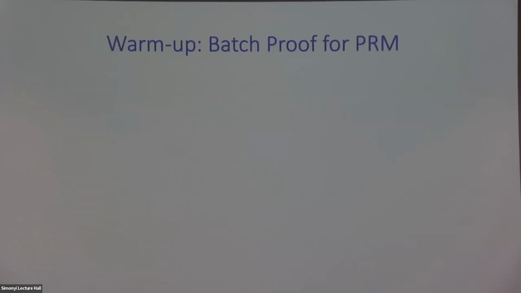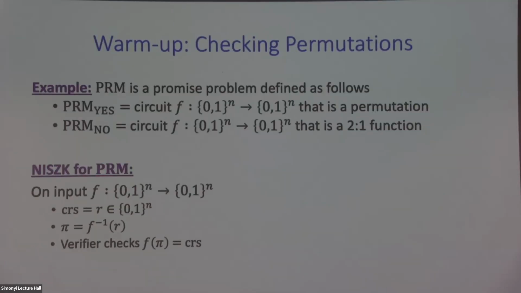Why is this a good proof? Well, if F was indeed a permutation, then you can implement the strategy, it's fine. If F was 2 to 1, then with probability 1/2, this string does not have an inverse, and the verifier will reject with probability 1/2. If you're unhappy with 1/2, you can repeat this experiment. And in terms of zero knowledge, what did the verifier learn?